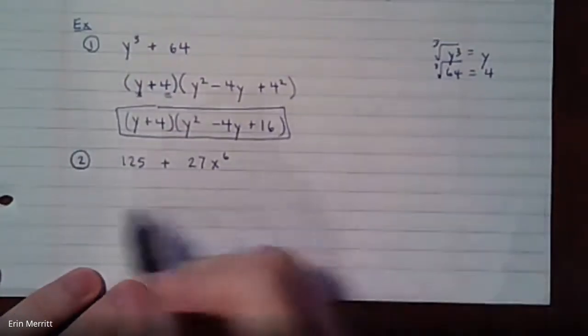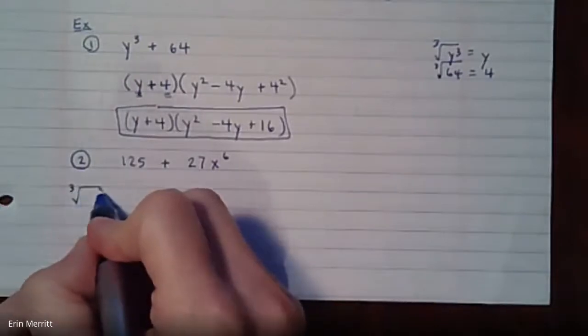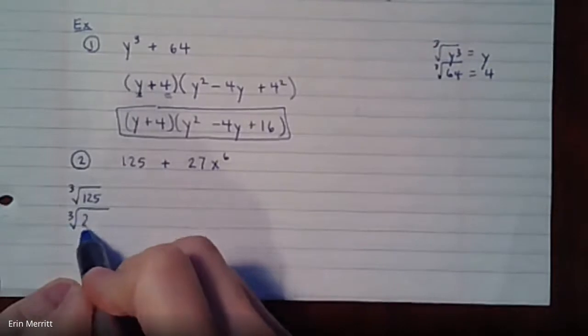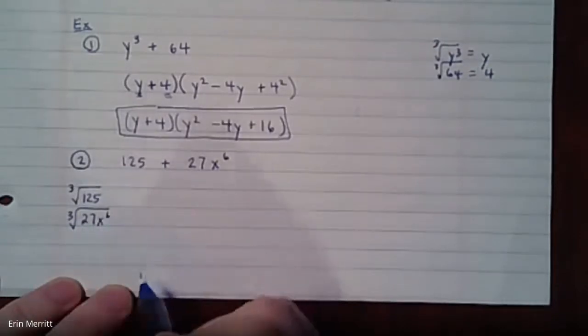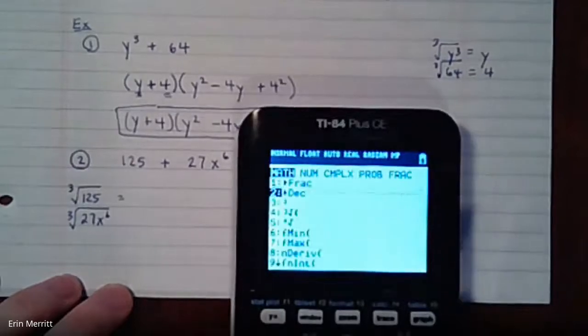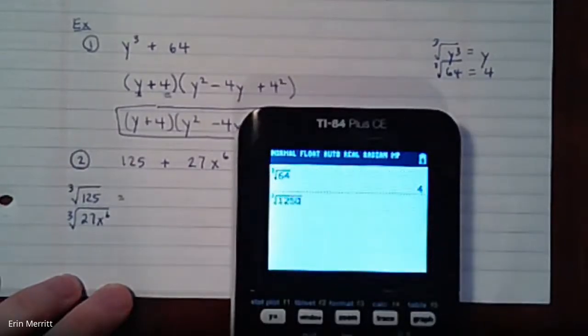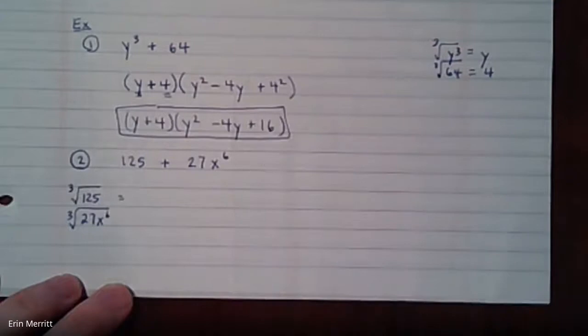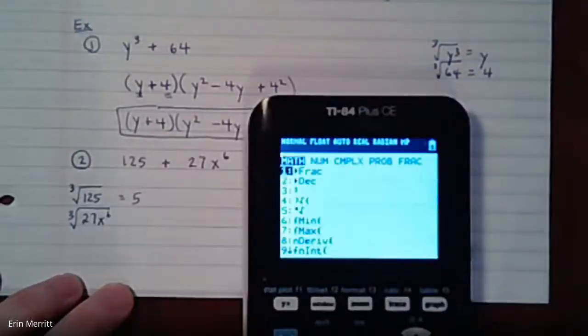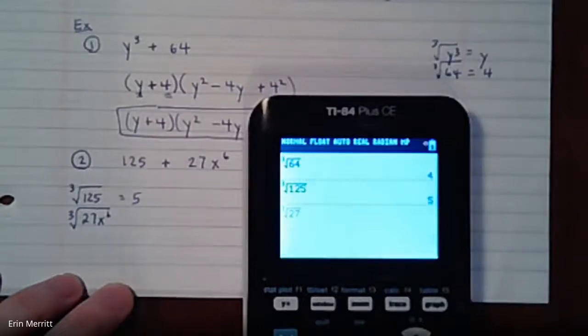And again, do it off to the side, do it underneath. Maybe I'll do it right here this time. So the cube root of 125, and then I need the cube root of 27x to the 6th. Ooh, all right, cube root of 125. Our calculator can do that piece for us. So there we go. If we type that in, that gives you 5. The cube root of 27, you might know that one already, but if not, you can double check it.